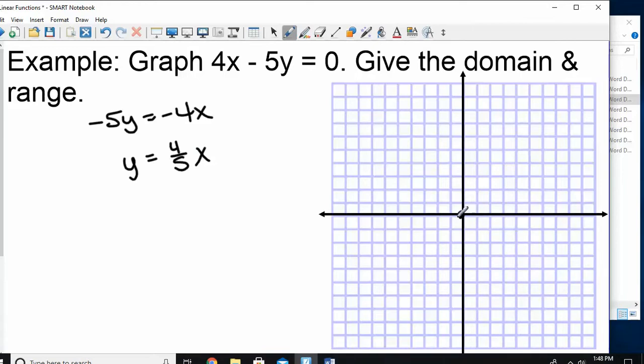So I gave you another one with the y-intercept of 0, up 4, over 5. What are domain and range? Negative infinity, positive infinity. Okay.